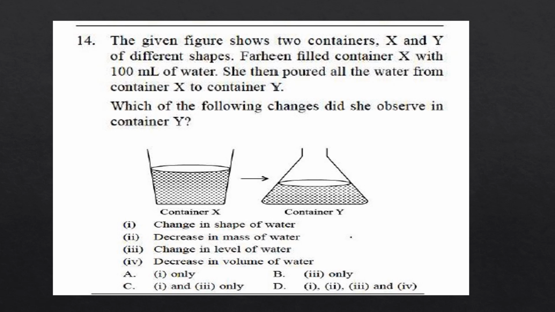Decrease in mass of water. 3. Change in level of water. 4. Decrease in volume of water. Option A, 1 only. Option B, 3 only. Option C, 1 and 3 only. Option D, 1, 2, 3 and 4. And our answer is option C, 1 and 3 only.